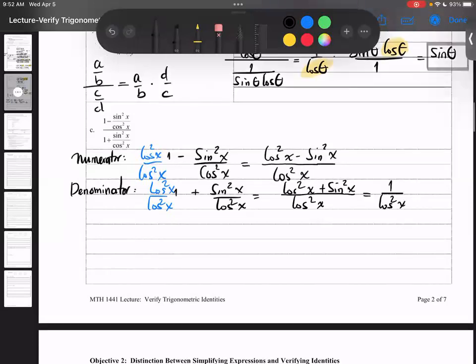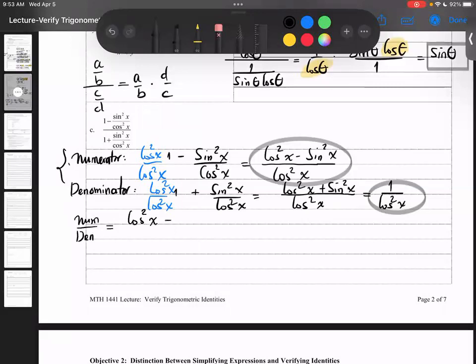Now we put it together: numerator over denominator. The numerator is this, the denominator is that: cosine squared x minus sine squared x over cosine squared x.